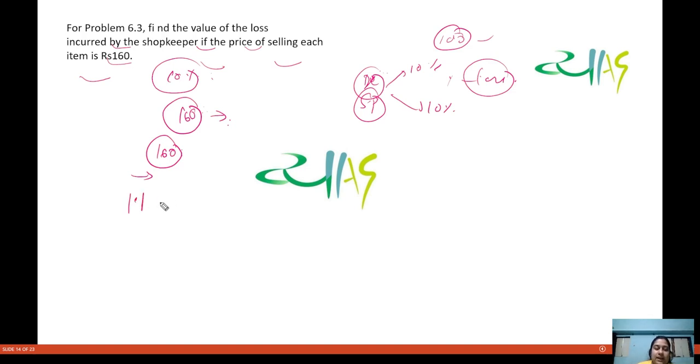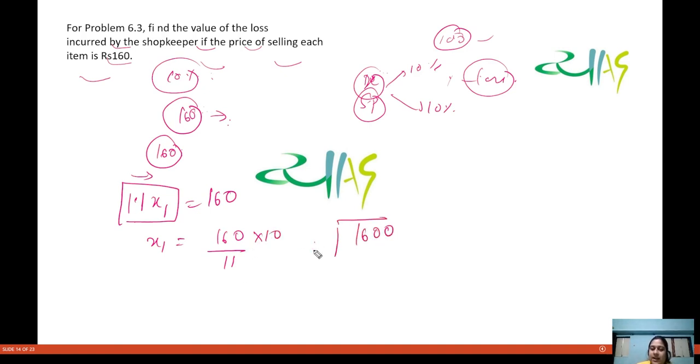So 1.1 times x1 is equal to 160. So x1 will come how much? 160 into 10 by 11. Okay, so that means 1600 divided by 11. So this is 145. And this will become how much? 4, 4, 4.